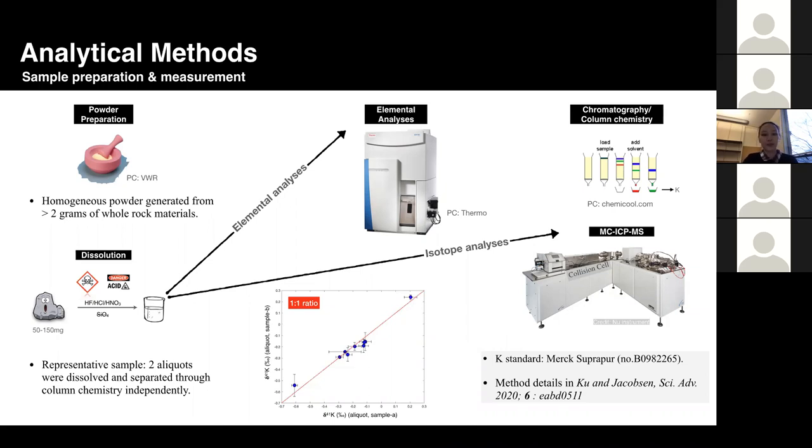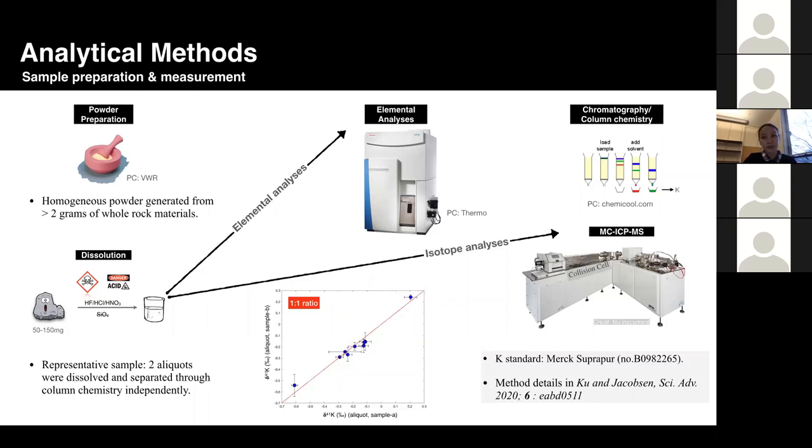And the figure in the bottom middle shows that the powder we made is representative, and that the dissolution and column chemistry do not add additional uncertainty, because the meteorite dissolved independently actually reproduces its isotope values.